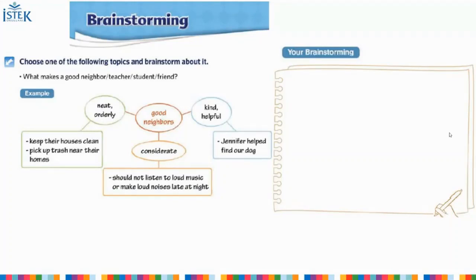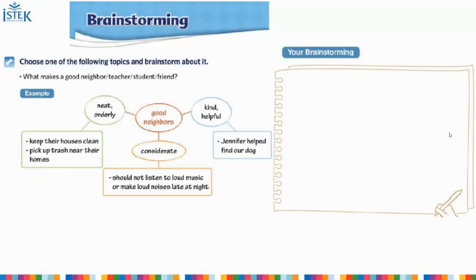So you're going to think of 3 things that make a good neighbor. Let's have a look at the topic. What makes a good neighbor, teacher, student, or friend? We've already done the good neighbor paragraph, so we can choose the other topics: teacher, student, or friend.